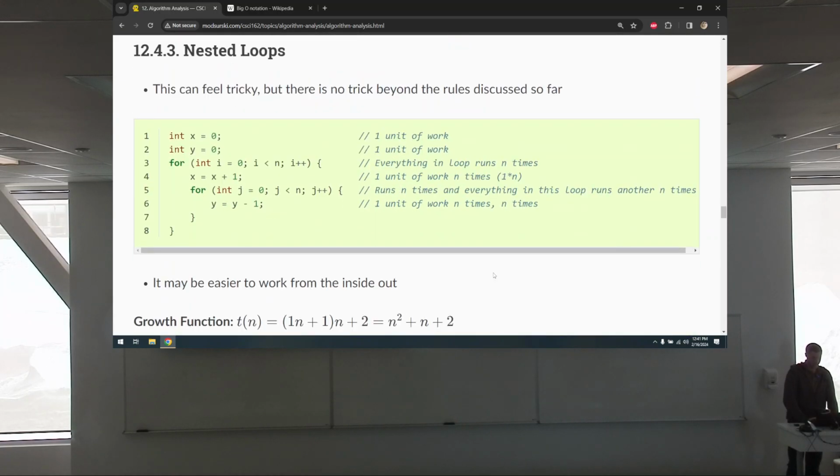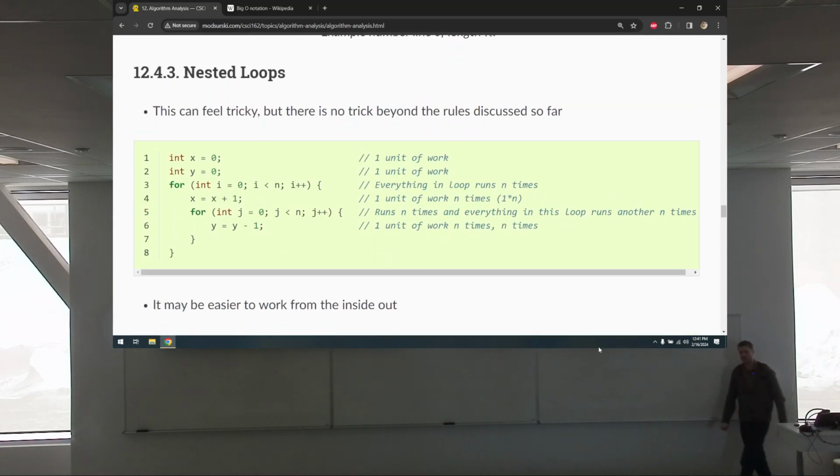Now, when we have nested loops, it might feel as if this is getting weird, but first let's calculate T of n. Well, there's 2 units of work on the outside of all the loops. But line 4, how many times is line 4 going to get run?